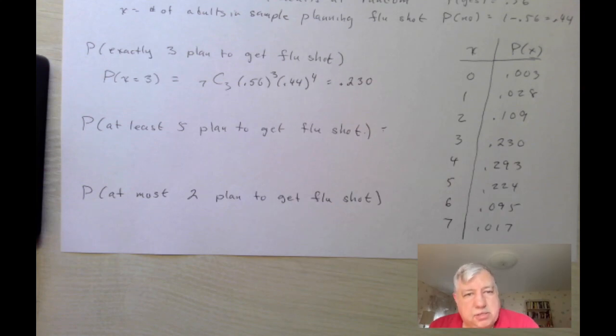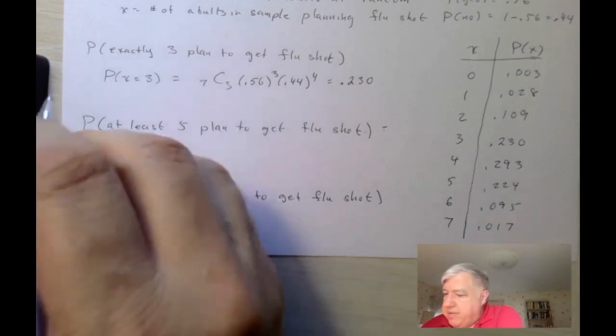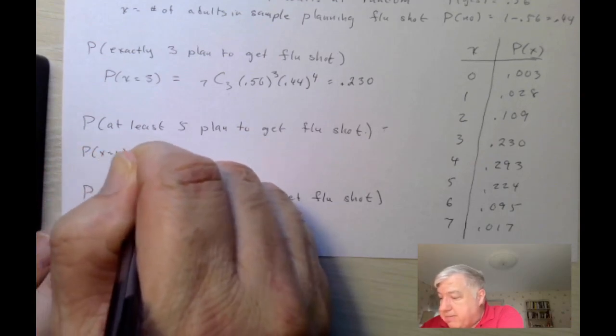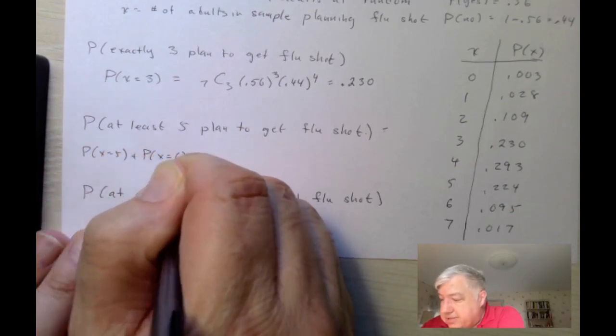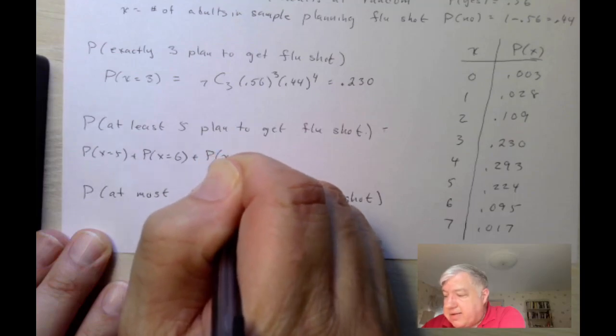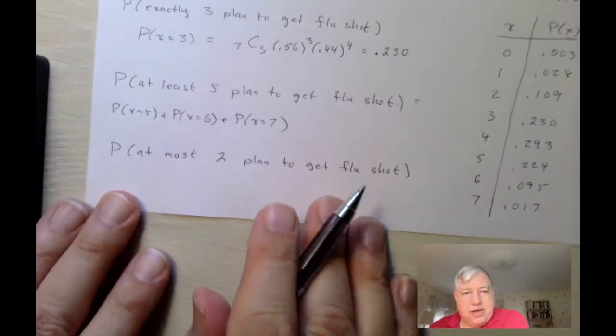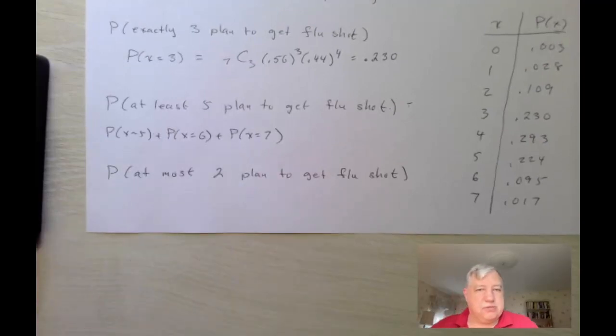So let's say we modify this question a little bit: what's the probability that at least five people plan to get the flu shot? That would be the probability that x equals 5 plus the probability that x equals 6 plus the probability that x equals 7. We can just add these together. These are mutually exclusive events, right?